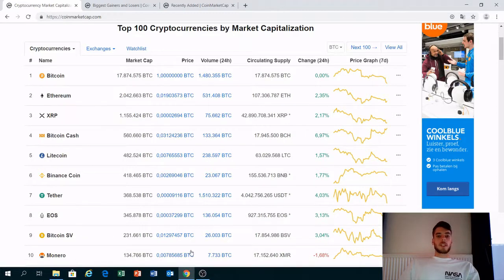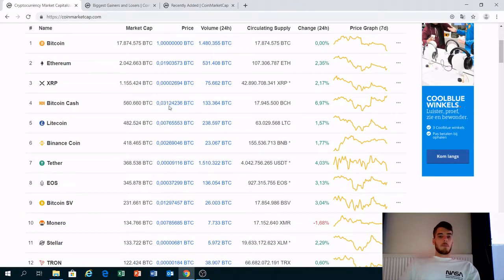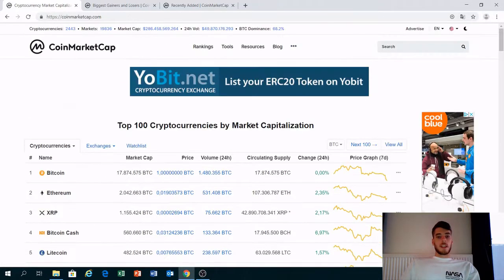I recommend doing this to put it in Bitcoin because the market is Bitcoin. It's a dominance currency, the most traded currency, so it's better to look at the prices in Bitcoin as in US dollars.